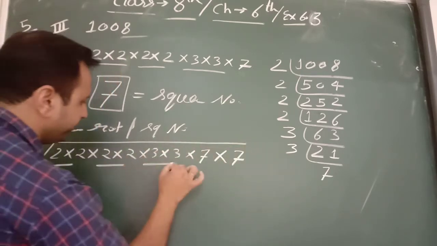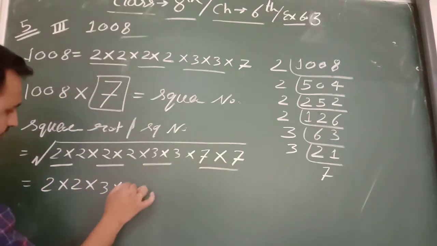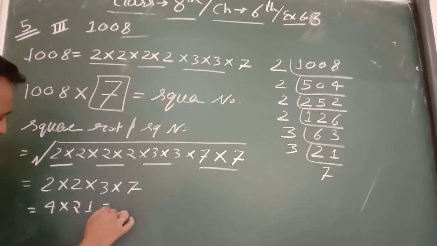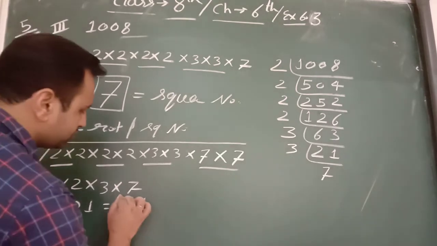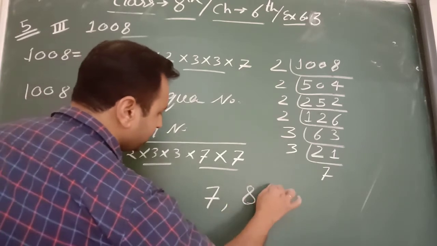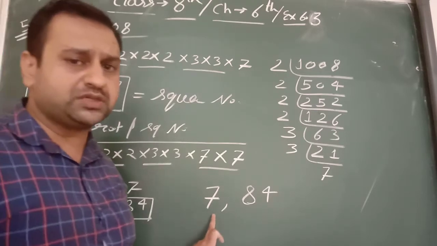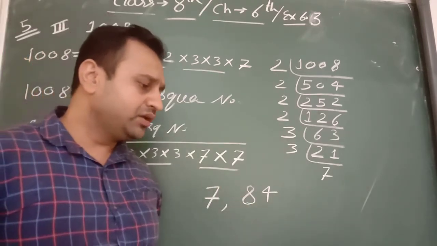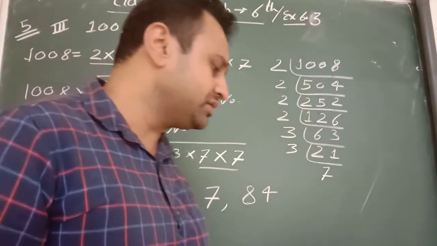Now 2 multiply 2 multiply 3 multiply 7, it means 4 multiply 21, and the answer is 84. So it is also an answer. So one answer is 7 and the second answer is 84. So 7 is the smallest number by which it must be multiplied, and 84 is the square root of the square number. So using the same procedure you can do all its parts. Note it down.